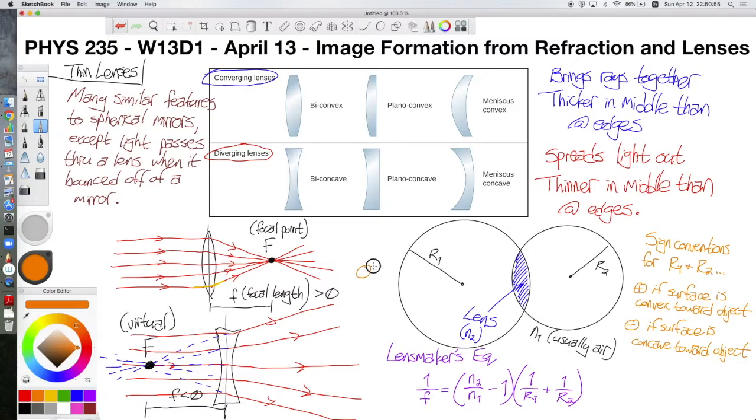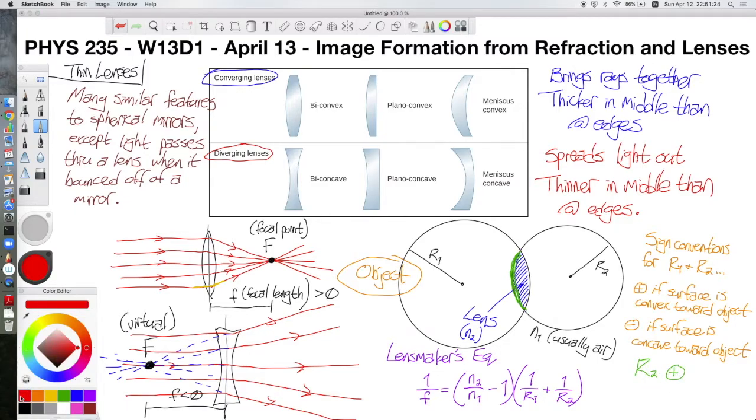Let's assume for now the object is on the left side of the lens. Well, one side of the lens is defined by this circle right here that I'm outlining in green. So this is part of the circle with radius R2, and on the side facing the object, it is convex. So this means R2 would be positive in this case.